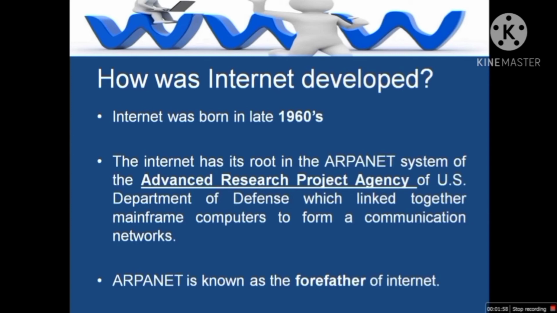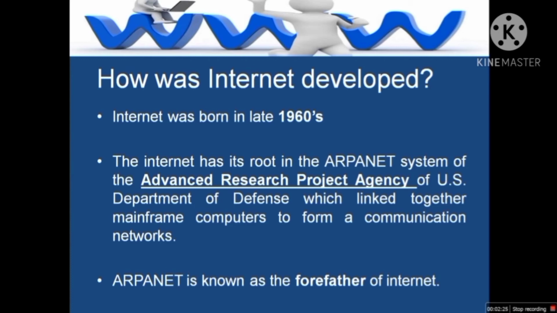The internet was born in the late 1960s. The internet has its root in the ARPANET system; the full form of ARPANET is Advanced Research Project Agency. This is the US Department of Defense, which linked together mainframe computers to form a communication network. So ARPANET is known as the forefather of the internet.